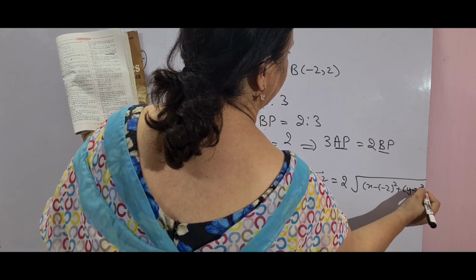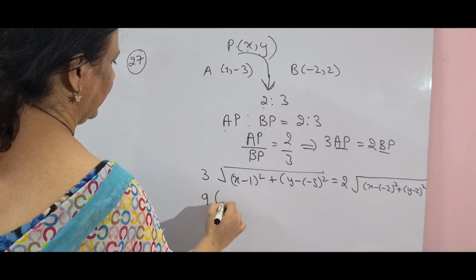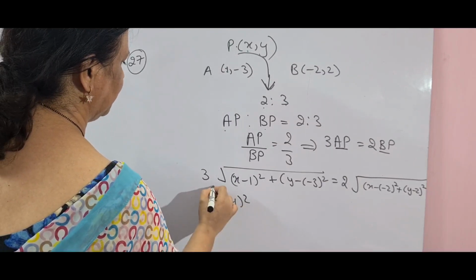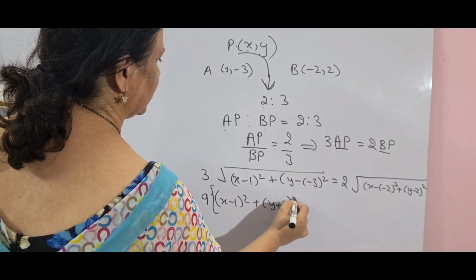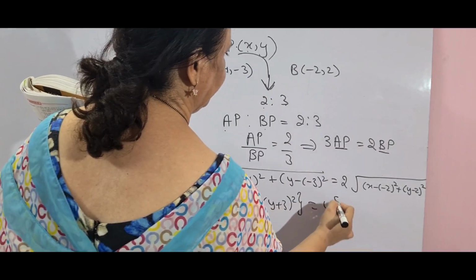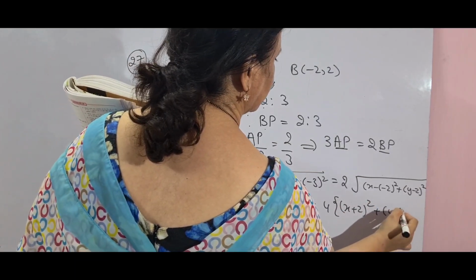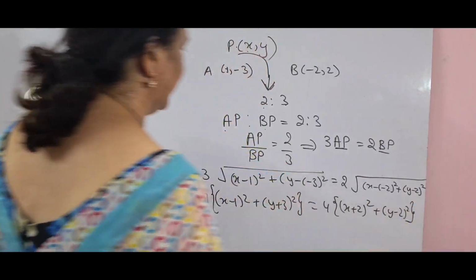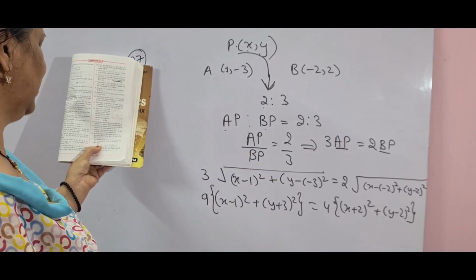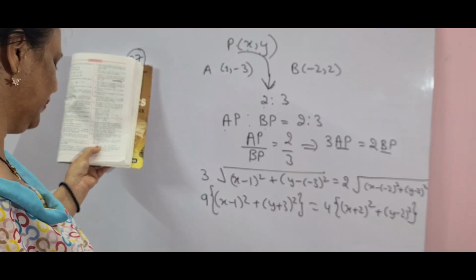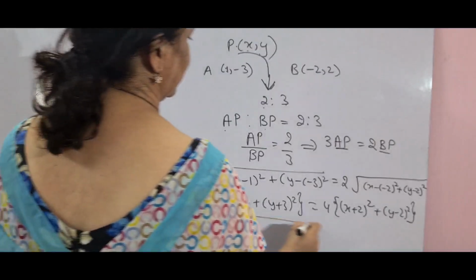Then you just have to do the calculation, squaring both sides. 9 into x minus 1, you just put the brackets so there is no confusion, plus y plus 3 whole square, solve it. 4 into x plus 2 whole square plus y minus 2 whole square, solve it, and your equation should come equal to the equation given in the question, that is 5x square plus 5y square. And children, trust me, you will get the equation if you have done the calculations right.